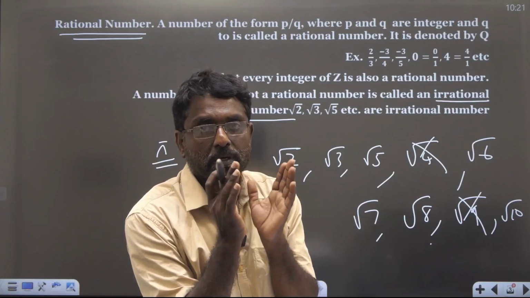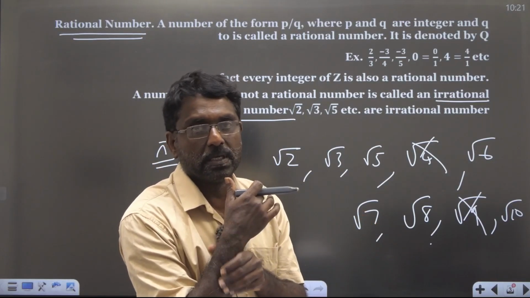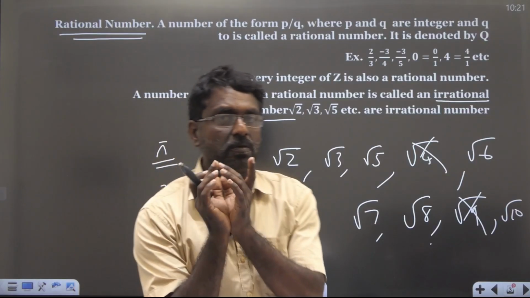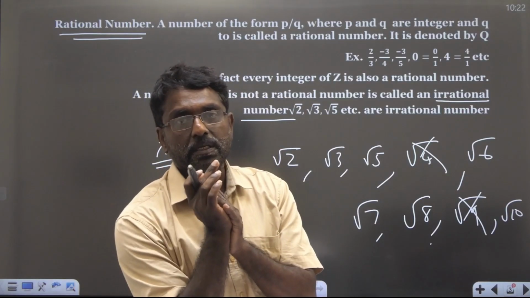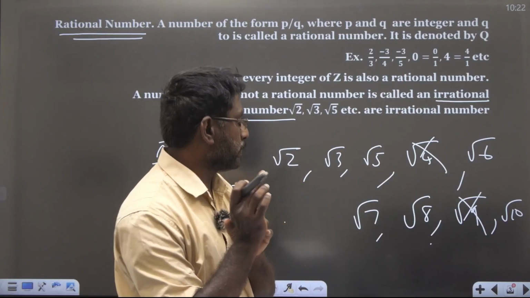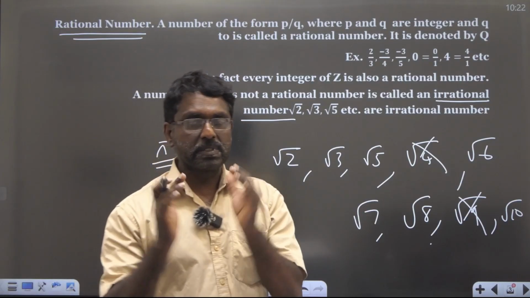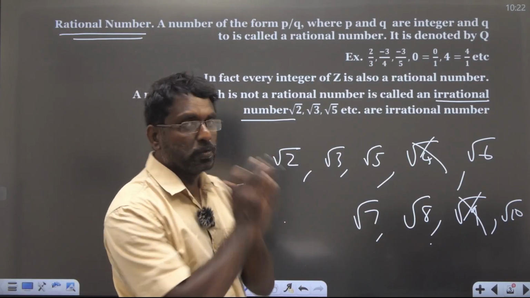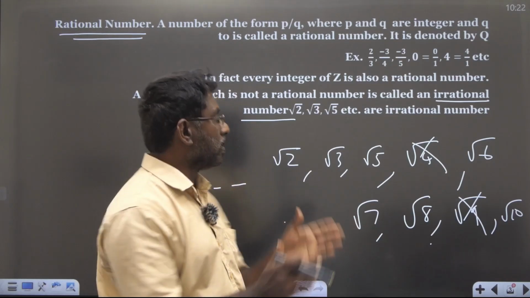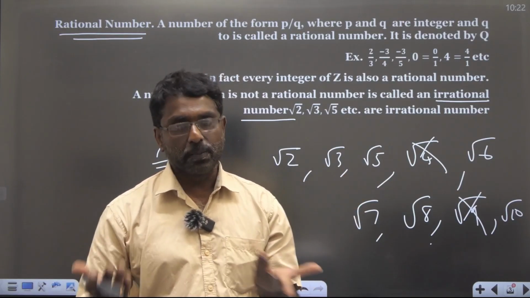I know you have already studied this type of numbers in your lower classes. If a number is not rational, then it is called irrational. That is the definition of irrational numbers. The real number system contains the collection of all rational numbers and irrational numbers.